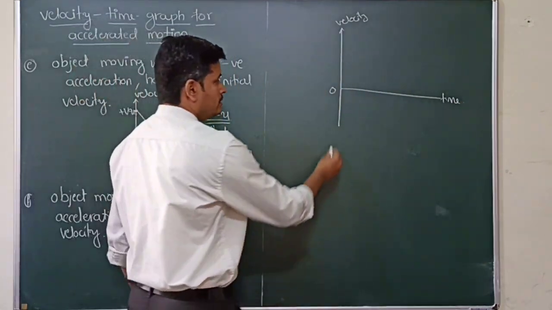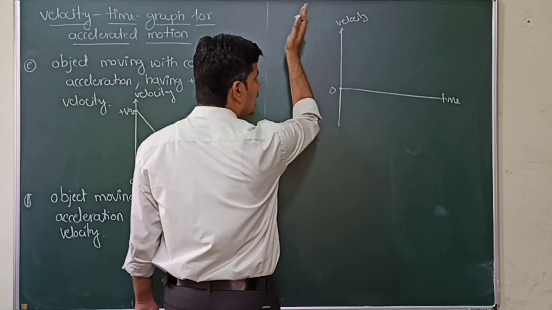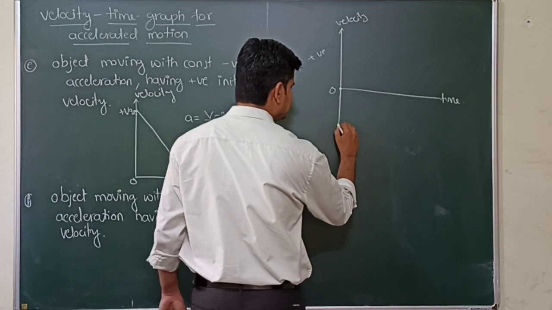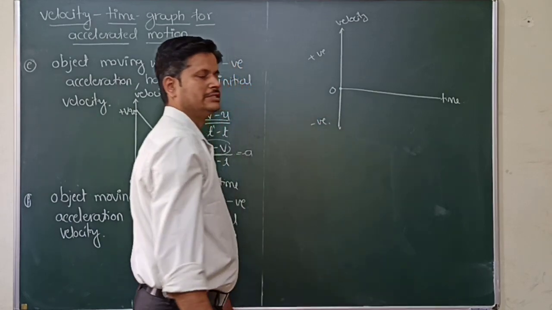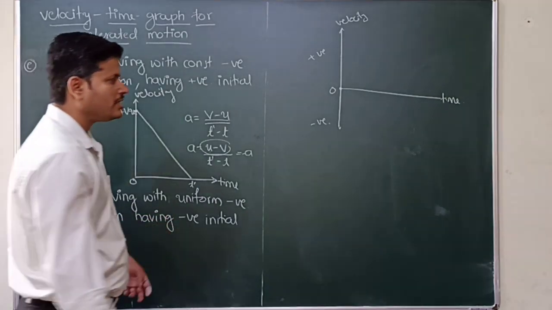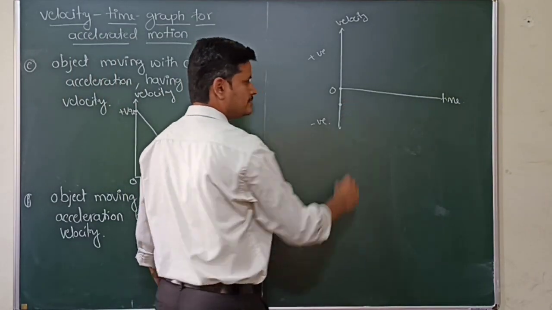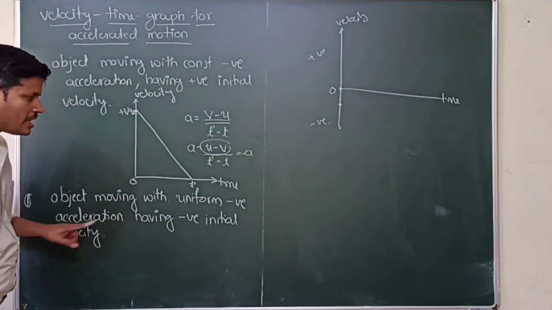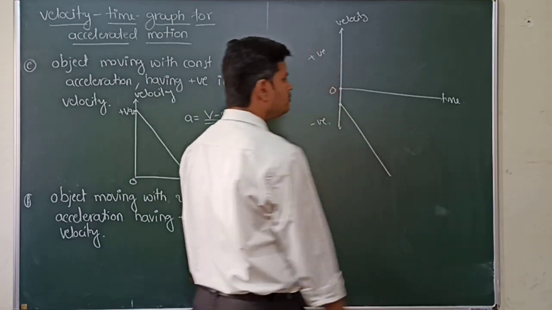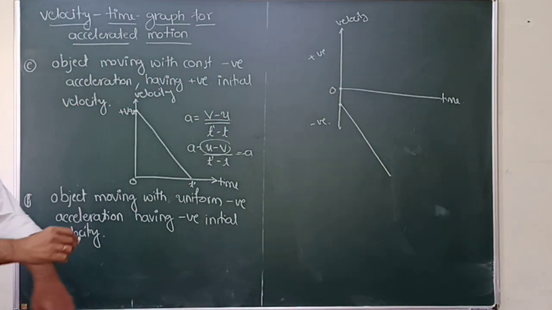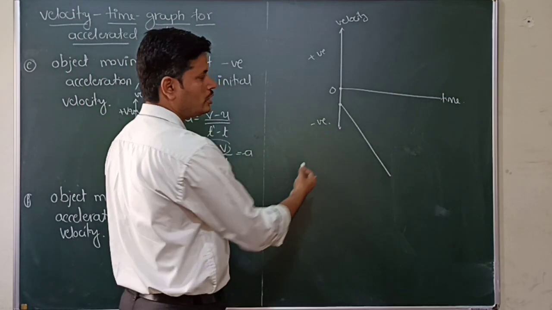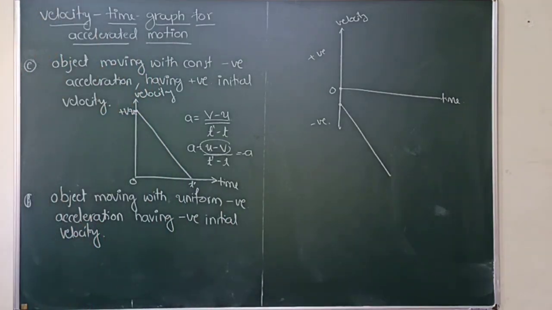Okay, from 0 the line above is positive velocity and the line below is negative velocity. The object initially has negative velocity, somewhere here, right? But acceleration is also negative, therefore the curve should be like this. Correct? Note down or take the snapshot of this.